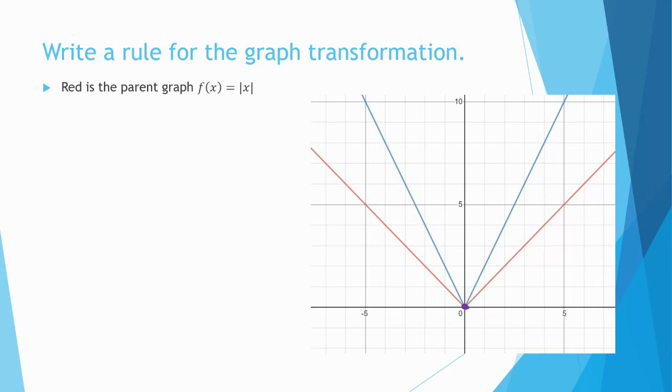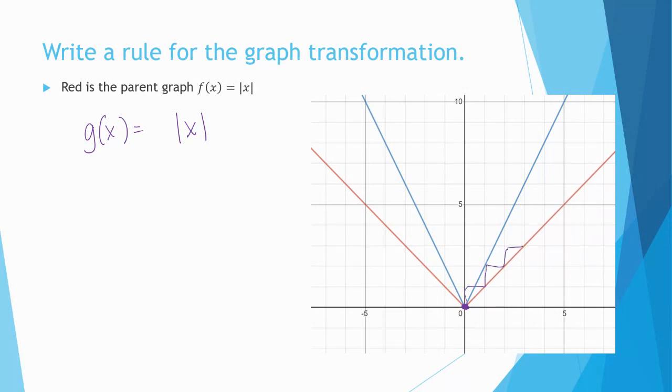So how do I figure out what that's going to be? I know that a vertical stretch means that I'm multiplying by something in front of the parentheses. But how do I know what that is? The easiest thing to do, especially with absolute value, is count the slope, okay? So the original slope is up 1 over 1 for my function.